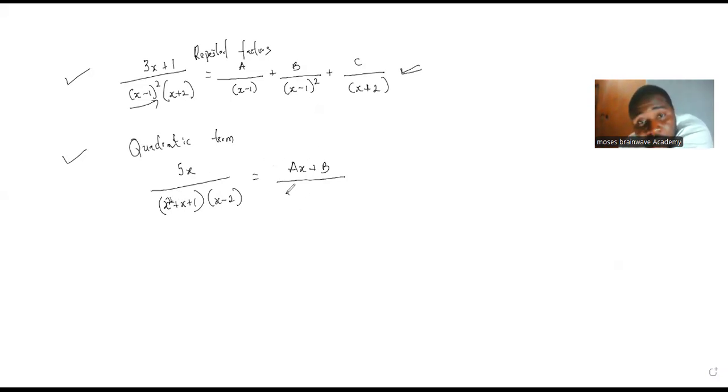So the power here is going to be reduced by 1. Then we'll have x squared plus x plus 1, then plus C to accommodate this other factor upon x minus 2. Good. Now, is there any other particular expression that we are going to be considering?